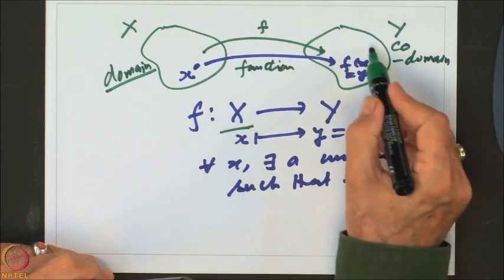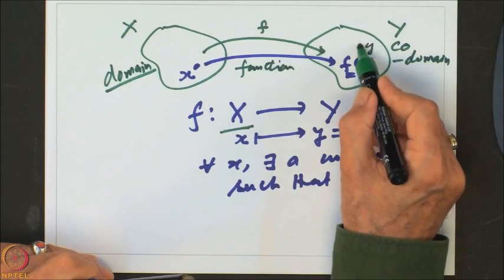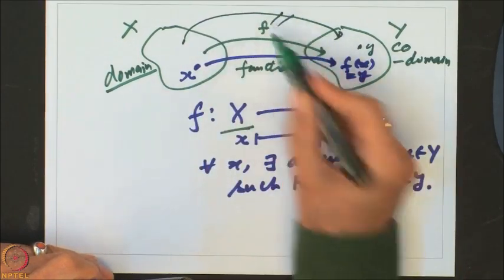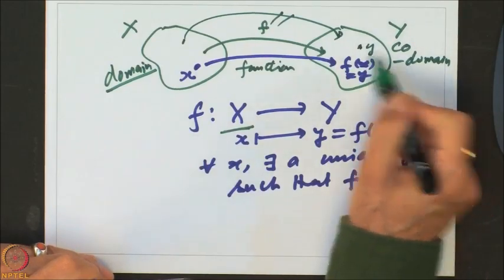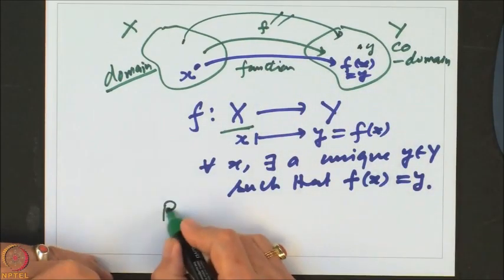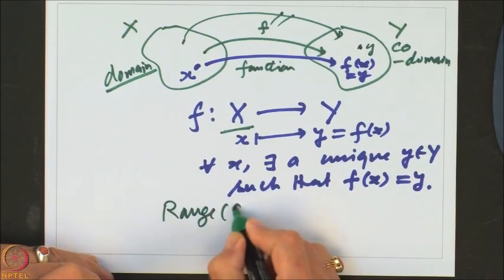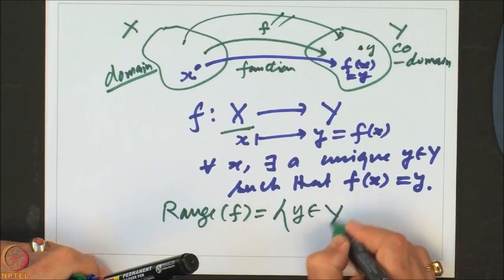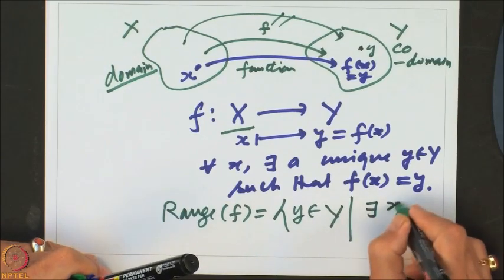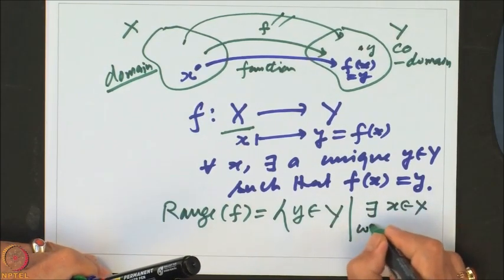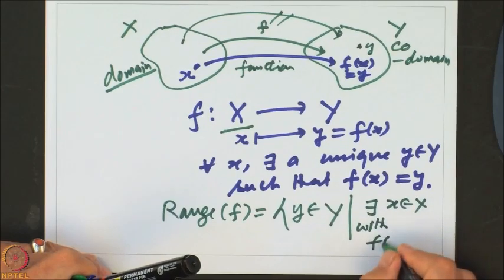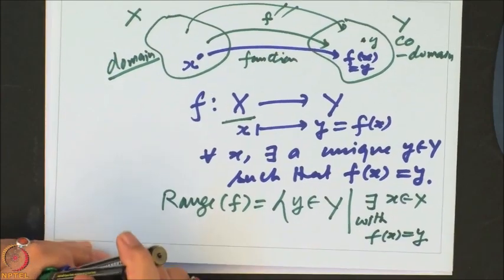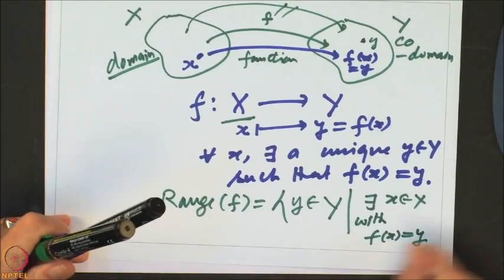Not every point of Y will be coming from a point of X, that may not happen. So, some points of Y come from points of X. What is the range of this function f? It is nothing but all those y belonging to Y such that there exists some x belonging to X with f of x equal to y. This set is called the range of the function.